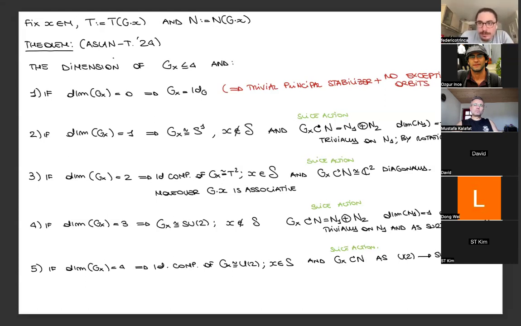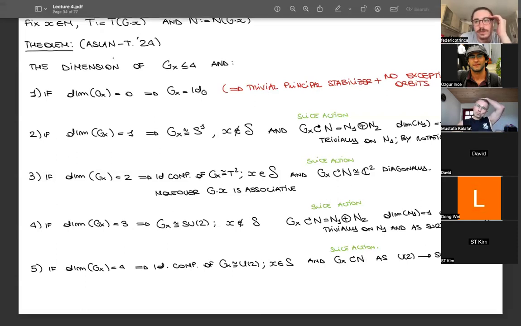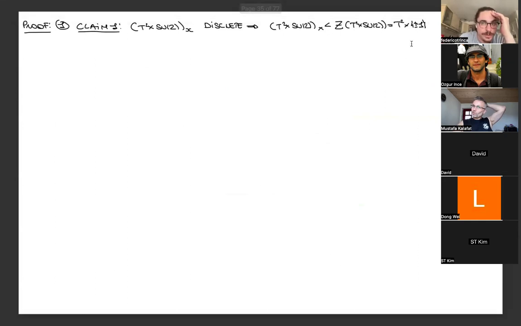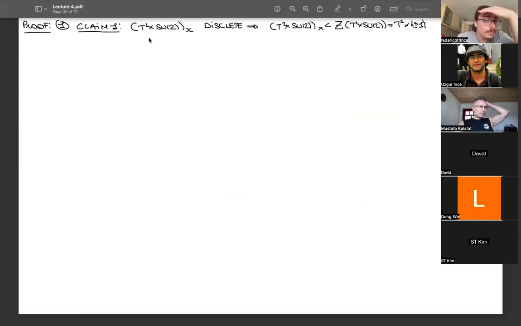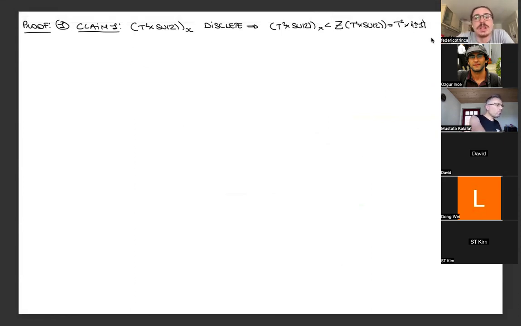Okay, I will prove the first instance of this theorem now. This is just so that you know what it entails. And so the proof goes as follows. We first claim that if the T2 times SU2 action at a point is discrete, then we need to be in the center of T2 times SU2.